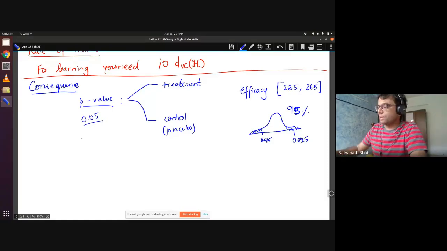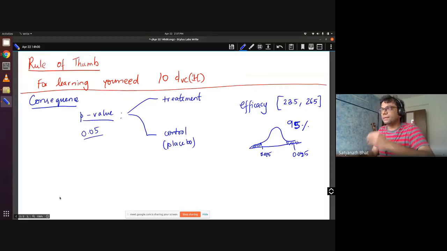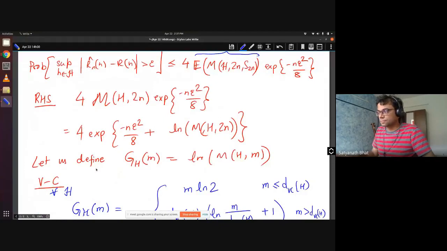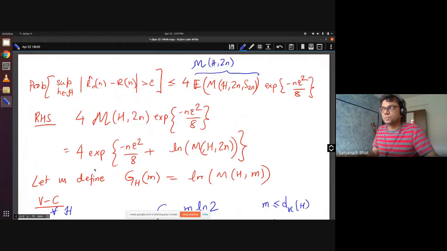So in the same way, if I take the VC inequality, let me start with the VC inequality right away.